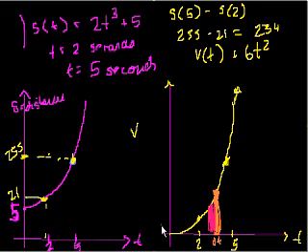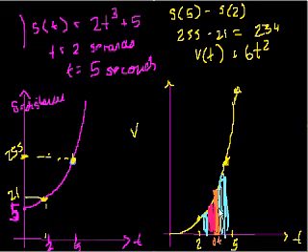I sum up all of the rectangles, and I'll get a pretty good approximation for how far I've traveled between 2 and 5 seconds, right? Because remember, the area of each of these rectangles represents how far I traveled in that little amount of time, dt.